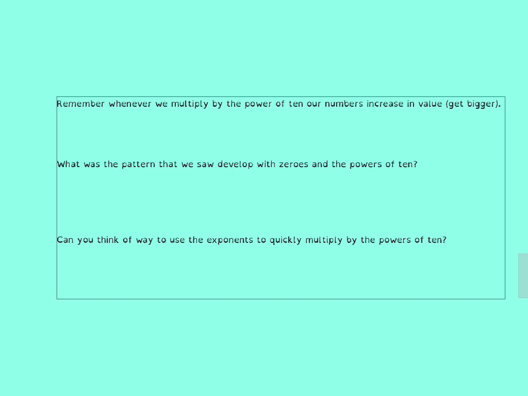Let's do a quick review. If I have 5 times 10 to the power of 2, it is the same as saying 5 times 10 times 10, which is the same as 5 times 100, which would be equal to 500.